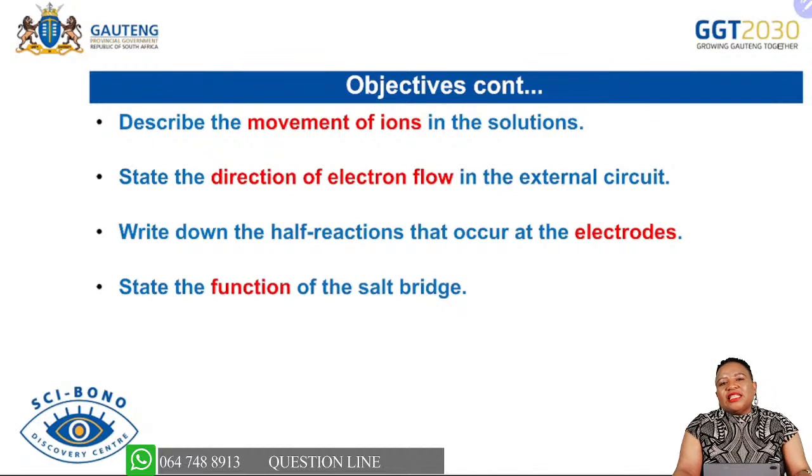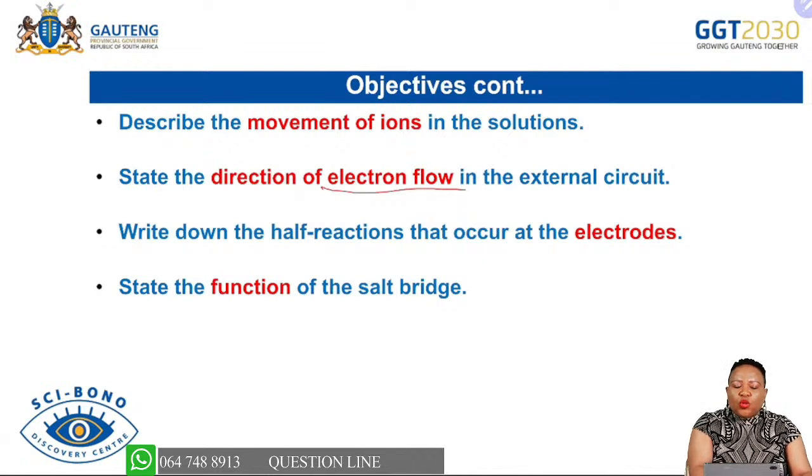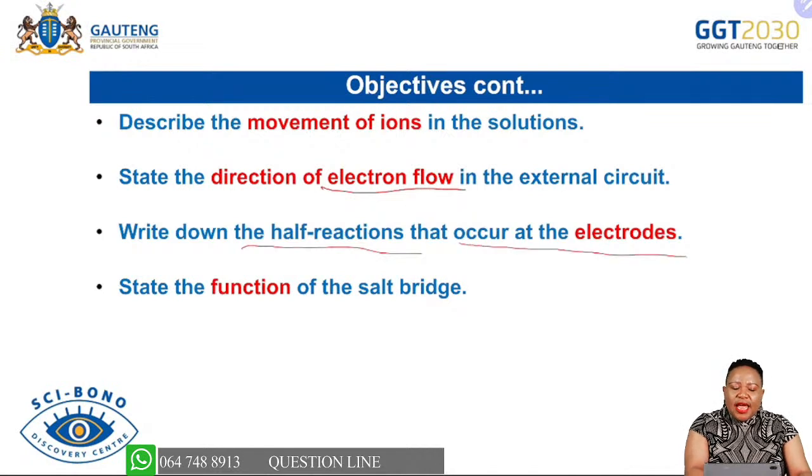We'll look at describing the movement of ions in our solutions and also the direction of electron flow in the external circuit. We'll also look at how we write our half reactions at each electrode and the function of the salt bridge.